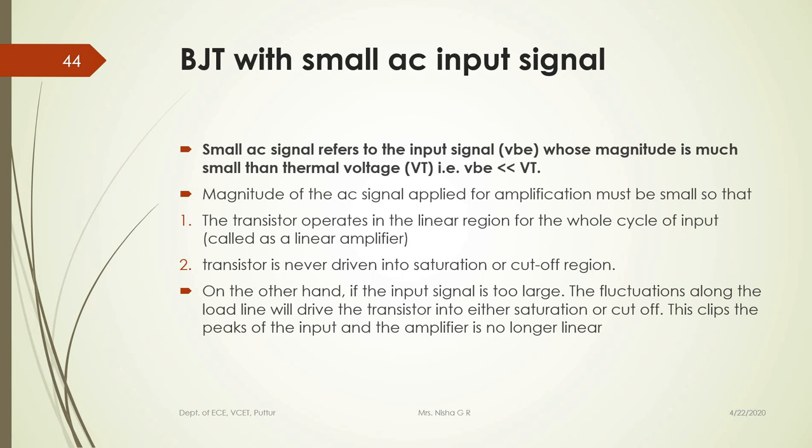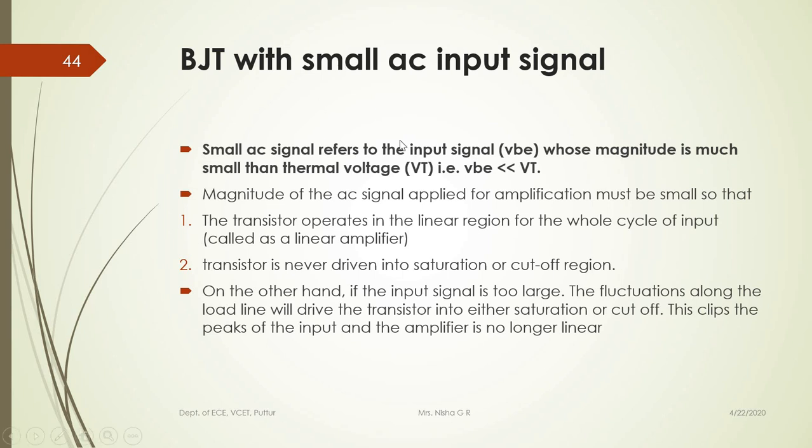We know the current equation IC is equal to IS e to the power VBE by VT. I hope you remember this equation, which is nothing but the Shockley diode equation. So with this I can say thermal voltage is not a readily measurable voltage between the semiconductor material. The value of VT at room temperature is approximately 25 millivolt.